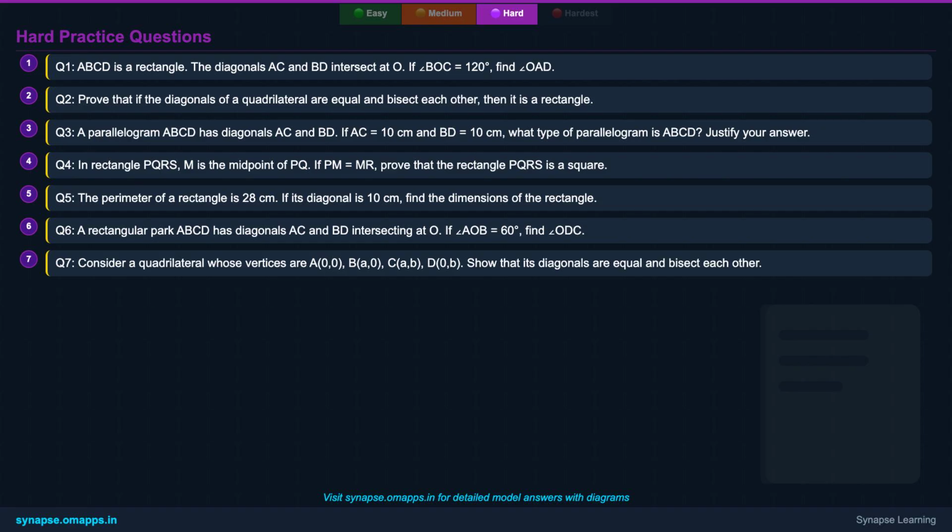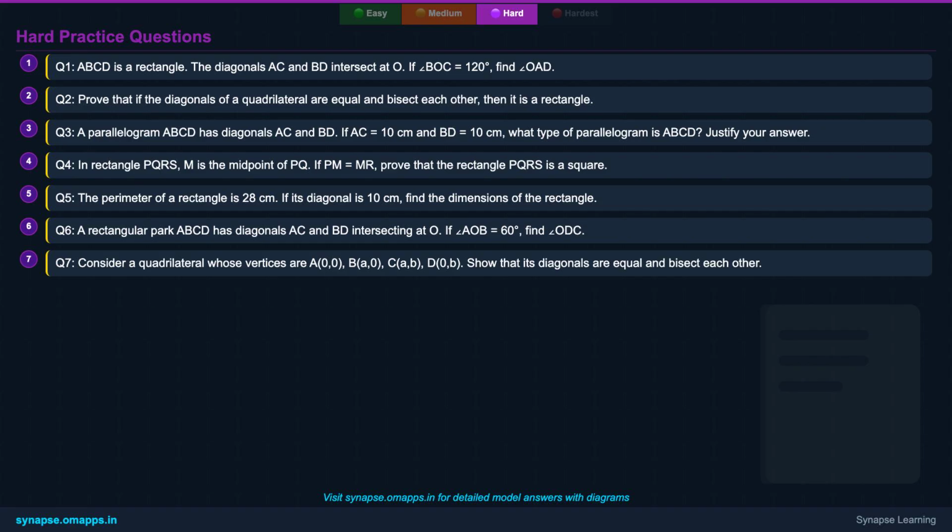A parallelogram ABCD has diagonals AC and BD. If AC is equal to 10 cm and BD is equal to 10 cm, what type of parallelogram is ABCD? Justify your answer. Q4. In rectangle PQRS, M is the midpoint of PQ. If PM is equal to MR, prove that PQRS is a square.